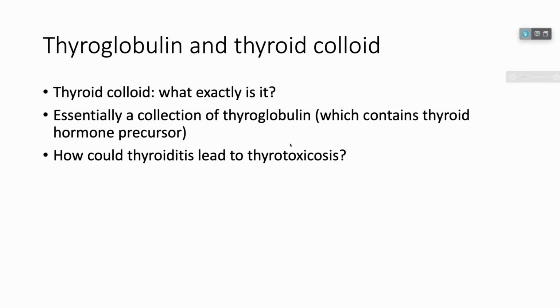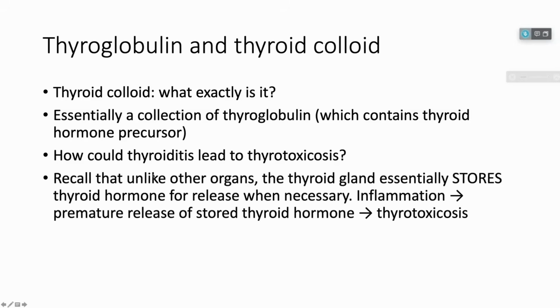Yeah, essentially. Unlike other organs, the thyroid gland stores a ton of thyroid hormone. Other organs have a little bit in vesicles, but the thyroid stockpiles thyroid hormone in the form of thyroglobulin that makes up the colloid.